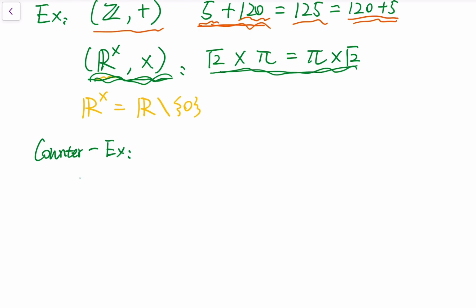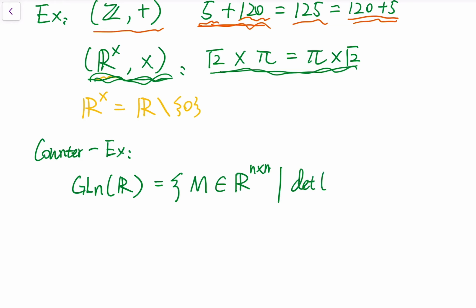Look at the group GLnR, called the general linear group. It is defined as the n by n matrices over the real numbers whose determinant is not 0. In other words, the matrix is invertible, so you can have an inverse of this matrix.